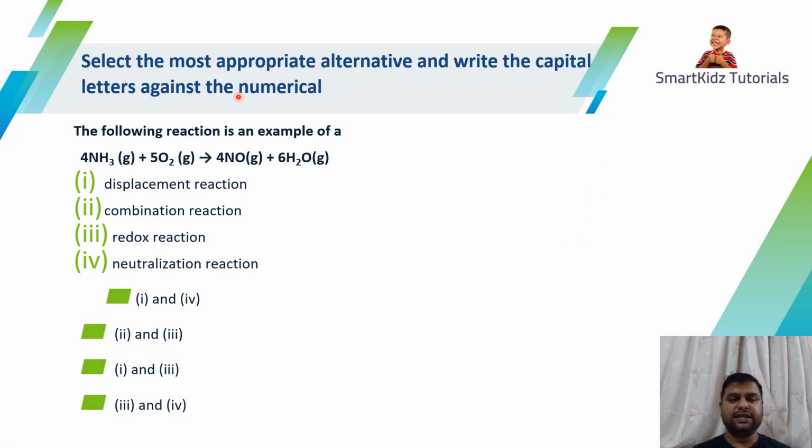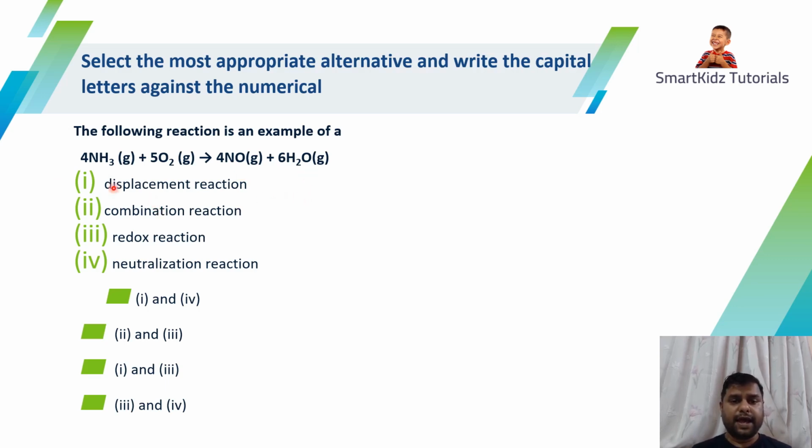It says select the most appropriate alternative and write the capital letters against the numerical. Okay, there are no capital letters over here, but you can just select the correct alternatives. The first question says the following reaction is an example of 4 ammonia plus 5 oxygen, which gives us 4 of nitrogen oxide plus 6 molecules of water.